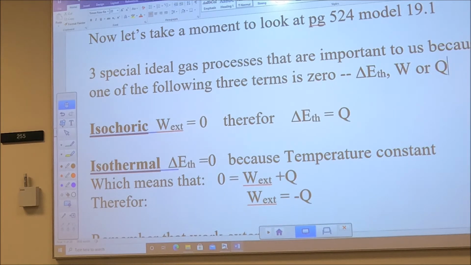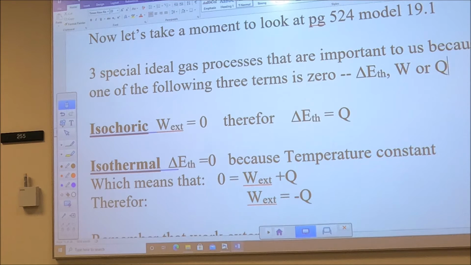So isochoric. Delta V is 0, so work external is 0, so any change in thermal energy is going to be equal to heat.